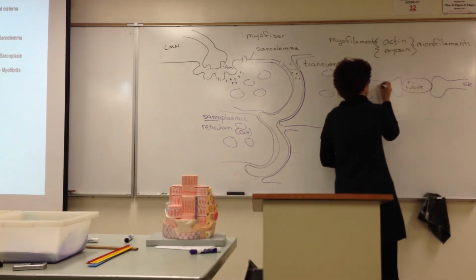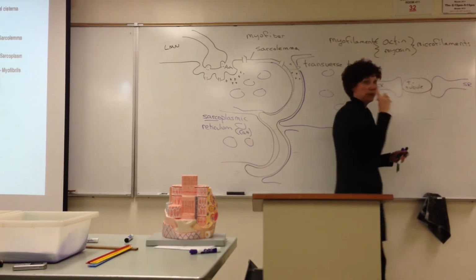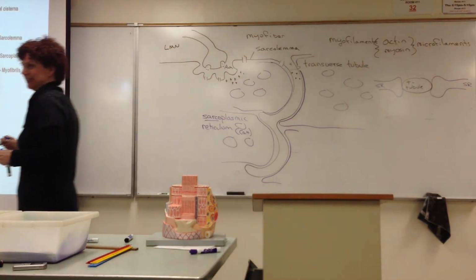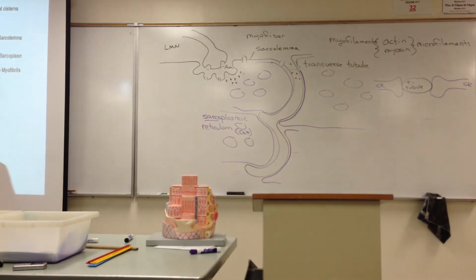Now, this area that's very close to the T-tubule has a property similar to the axon hillock. What was the special property of the axon hillock? It would have low threshold, so it was very easy for it to stimulate the voltage-gated channels because it had such a low threshold. Same thing with these two areas.